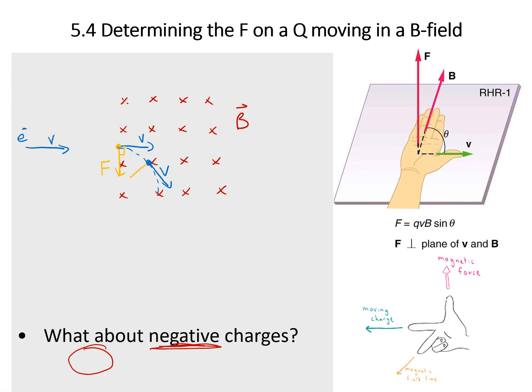Therefore, we'll get circular motion. Uniform circular motion, in fact, as long as there are no other forces acting. That force is going to point towards the center. And so, since we have uniform circular motion, we'll always get this circular arc of a particular radius. We can say that the magnetic force is equal to the centripetal force, because it's the net force, or qvB sine theta is equal to mv squared over r.